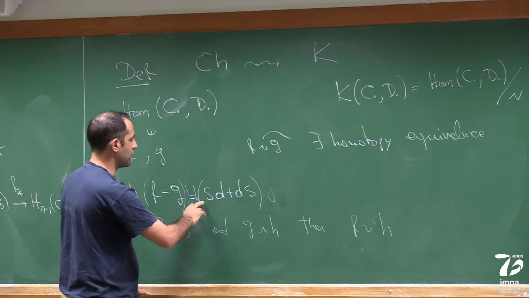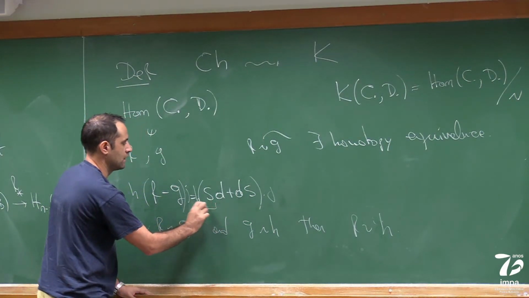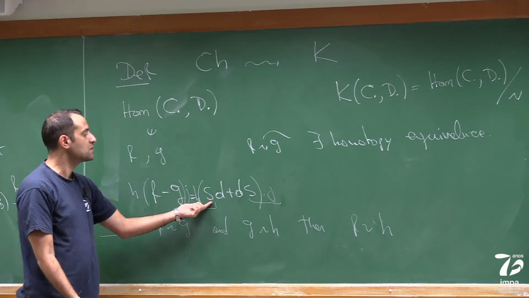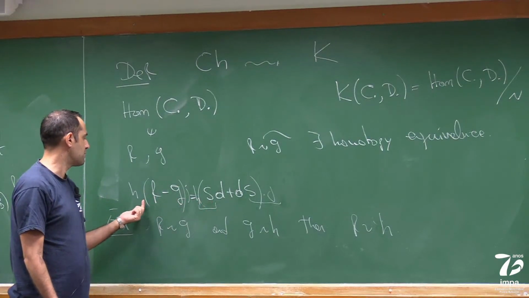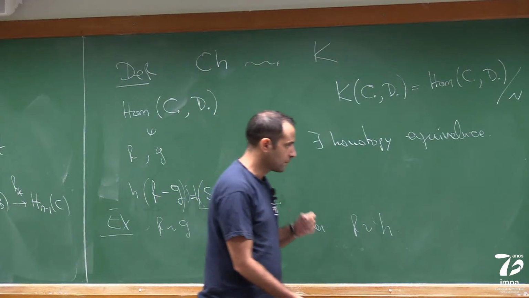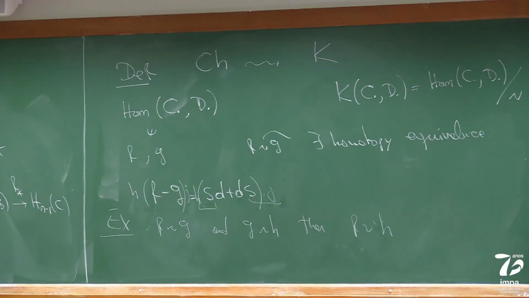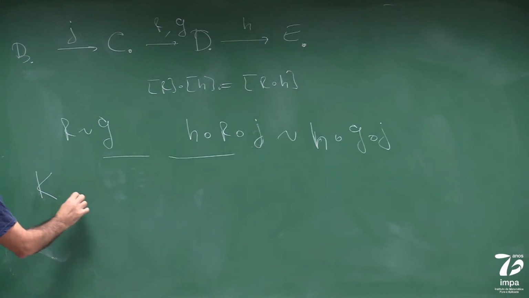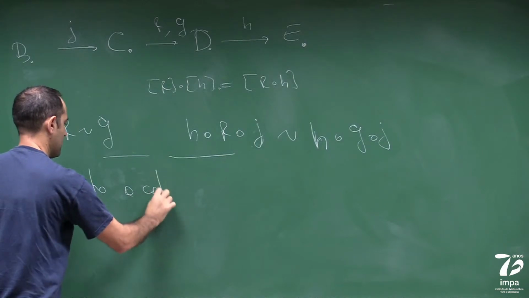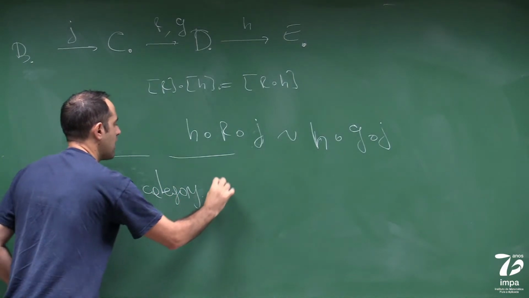So adding and subtracting, you're going to get some explicit splitting that would just be the homotopy between the two different compositions. Okay, so what else? So that makes K into a category, which is the homotopy category.